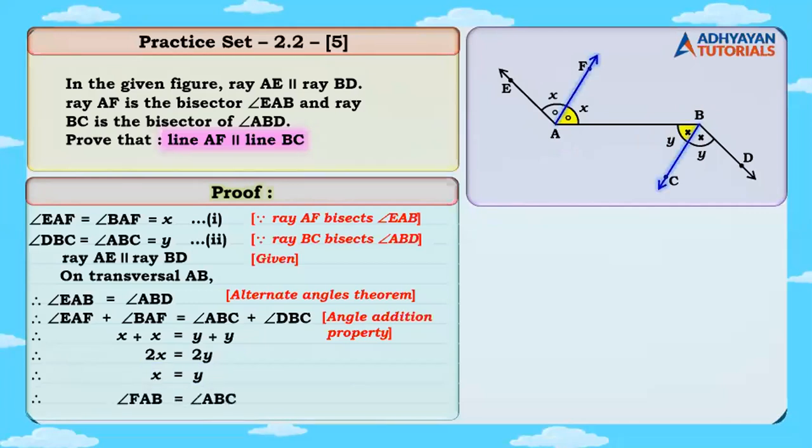I hope this much is clear, children. And now, since we have proved a pair of alternate angles equal, can I state that the lines would be parallel? Yes. Since the alternate angles are equal, only then is the parallel lines proof done. That means the reason is going to be the alternate angles test and not theorem. I hope it is clear, right?